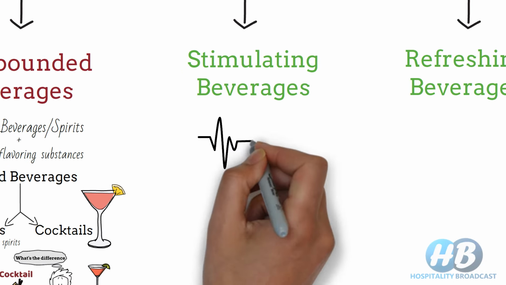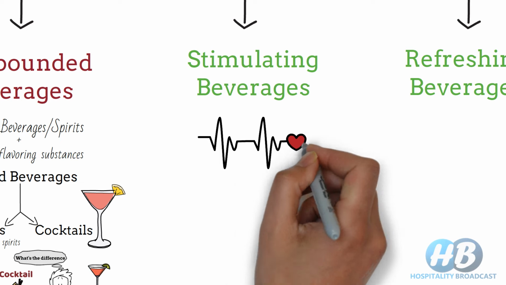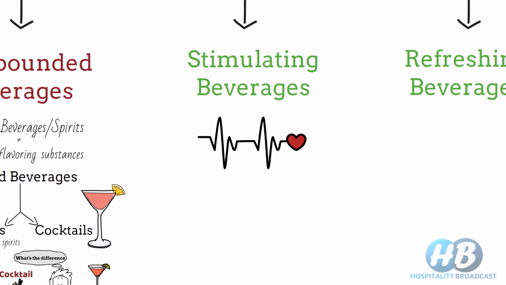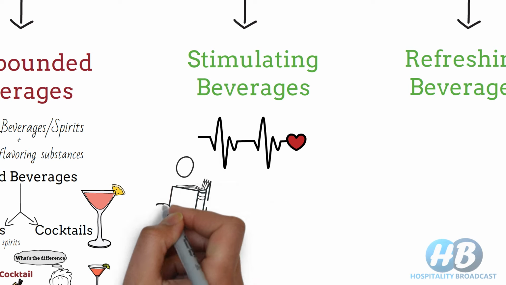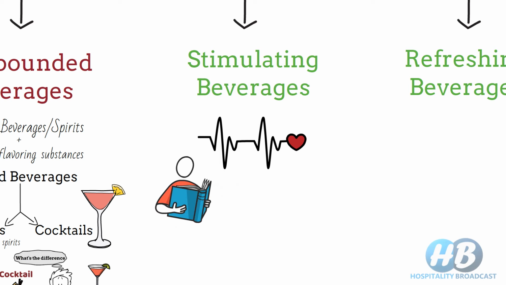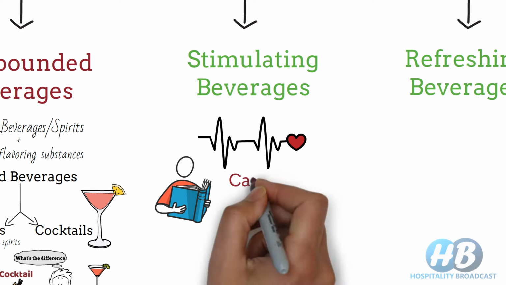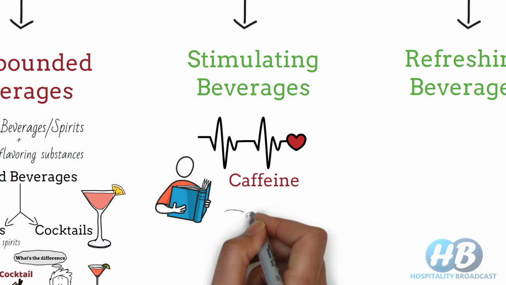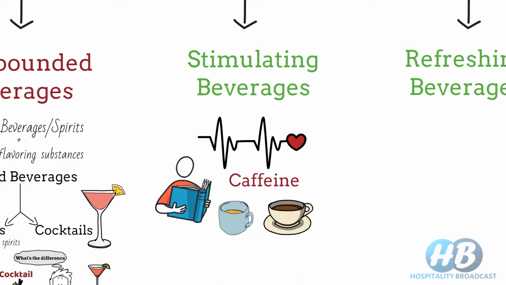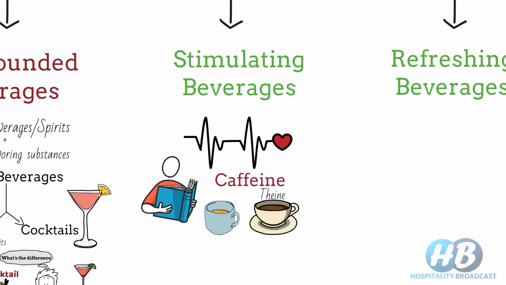Stimulating beverages stimulate or increase the blood pressure and heartbeat, which results in high physical and mental activities. Major central nervous system stimulant we use in stimulating beverages is caffeine, which is found in coffee, tea and cocoa. Tea contains theine, which is also a form of caffeine.